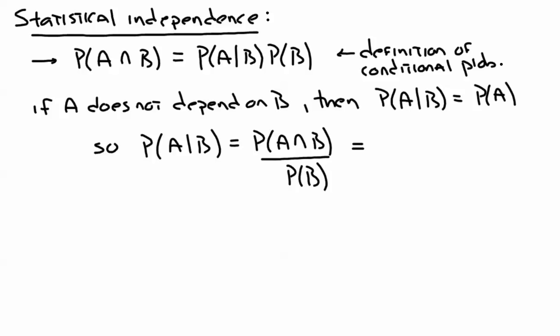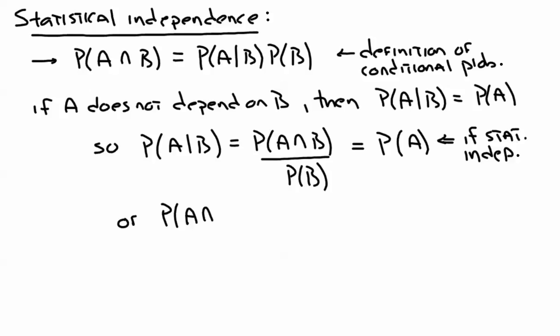If A and B are statistically independent, this relationship is just equal to the probability of A. Or probability of A intersect B equals the probability of A times the probability of B. That is a very important relationship.